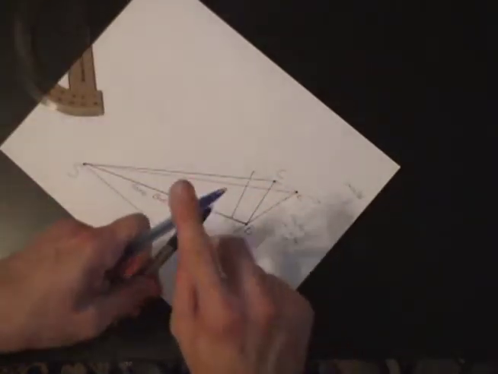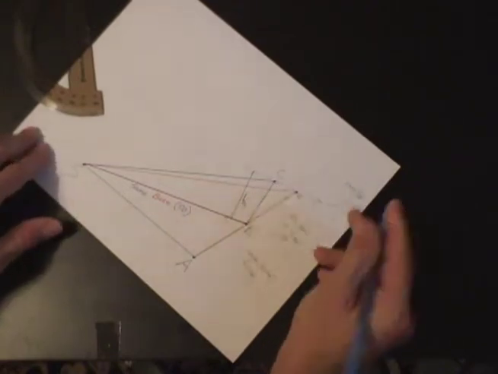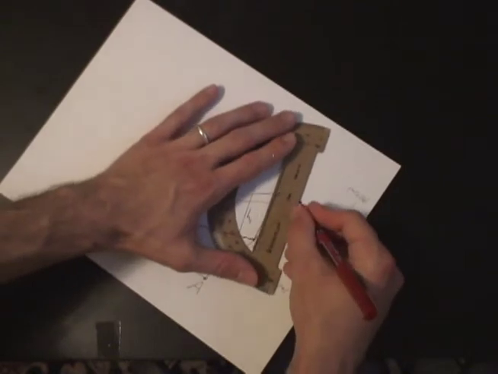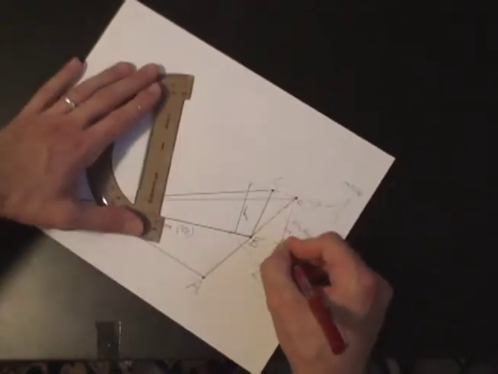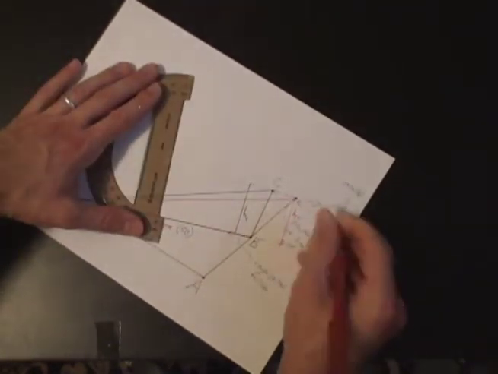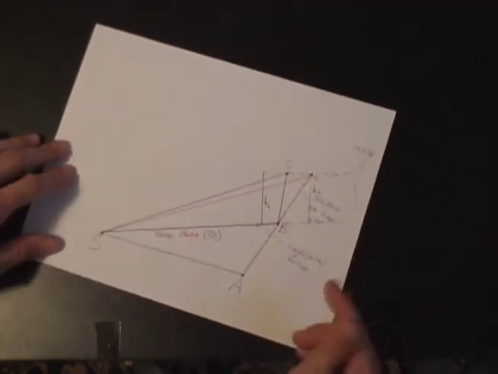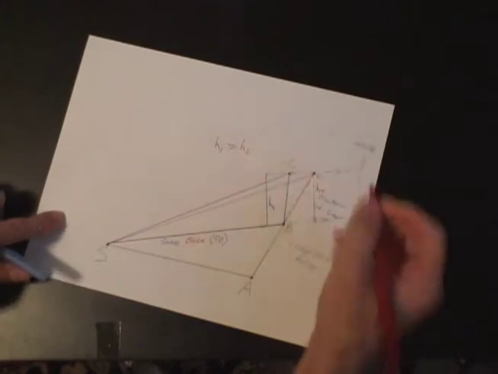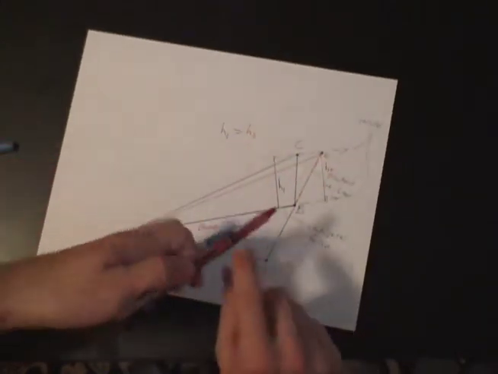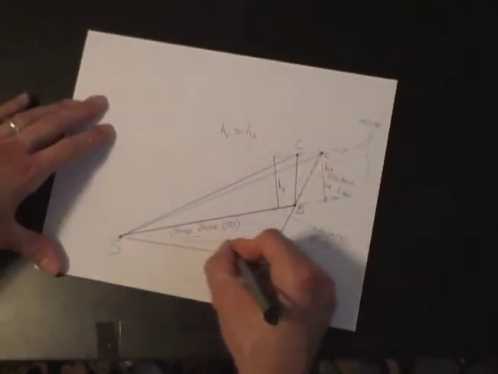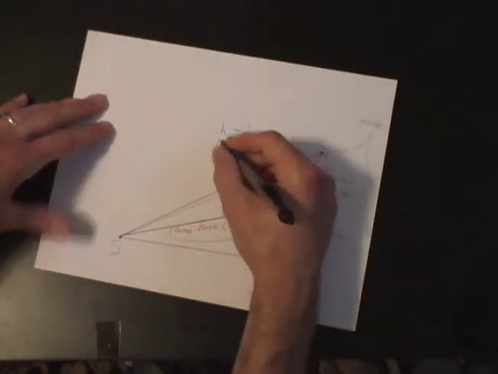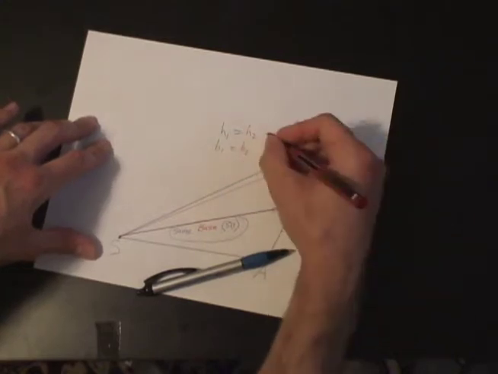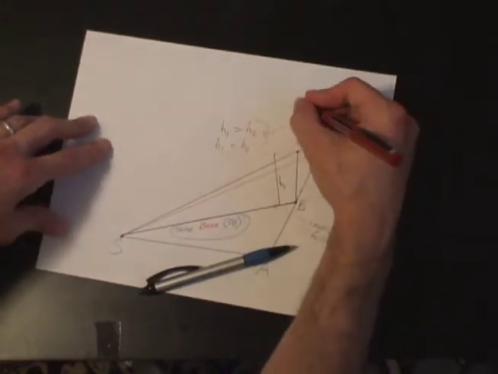So that's the height of triangle SB capital C. For SB small c, we also do a 90-degree angle up to the auxiliary line, and then you should be able to see that the two heights are the same. Since the heights are the same and the bases are the same, the areas of those two triangles have to be the same.